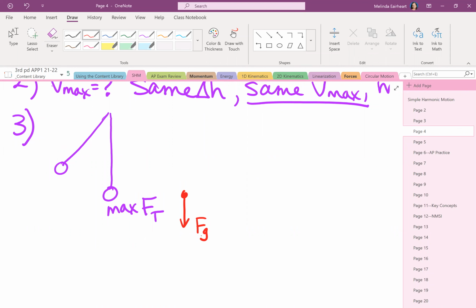There's like notes to graders that says no credit for, quote, little g. It has to be force of gravity, or you could do mg, or you could even do capital W, which stands for weight when it's on a force diagram. Remember, I don't like that one. FG is my favorite.